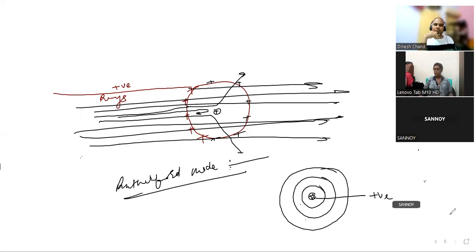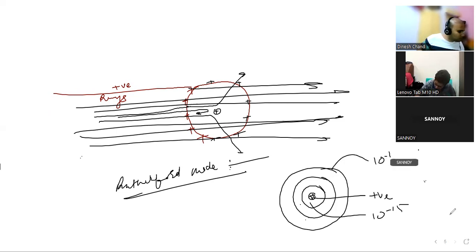The radius of the nucleus will be of the order of 10 to the power minus 15, and the radius of the rest of the atom should be around 10 to the power minus 10. This is the size difference. The nucleus occupies very little volume of space, and the electrons are continuously revolving around.